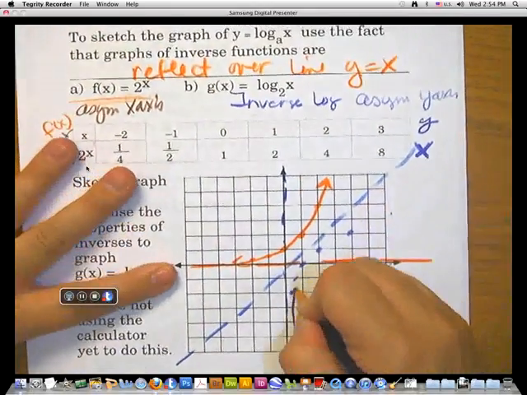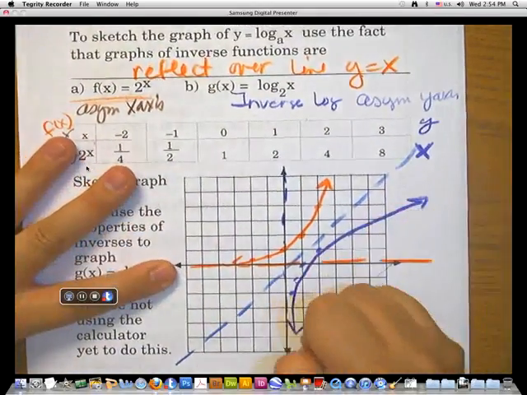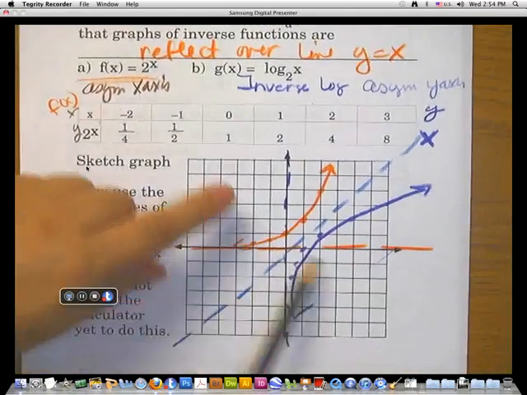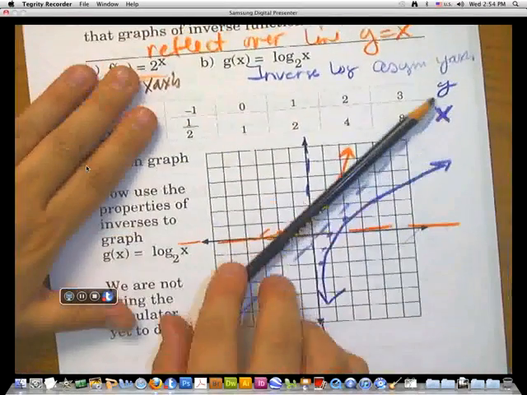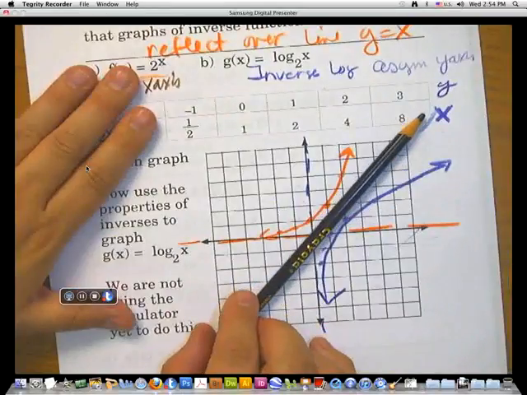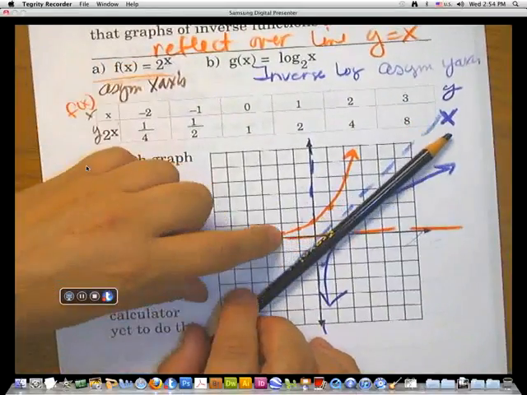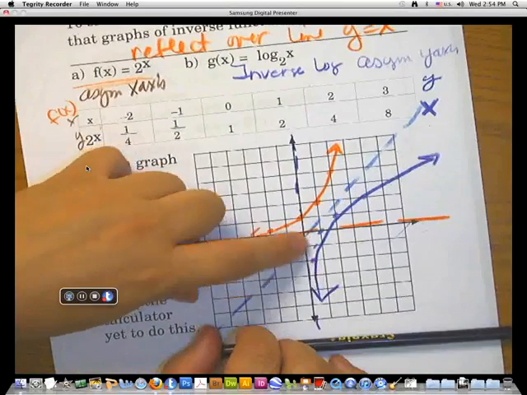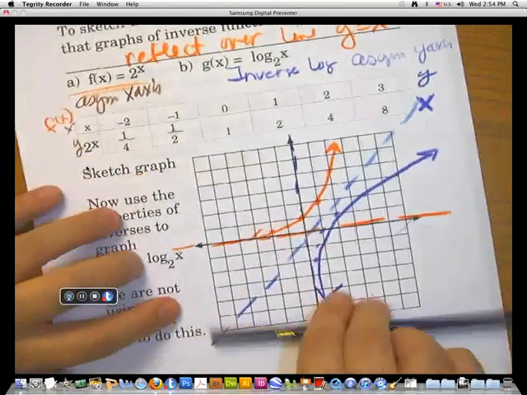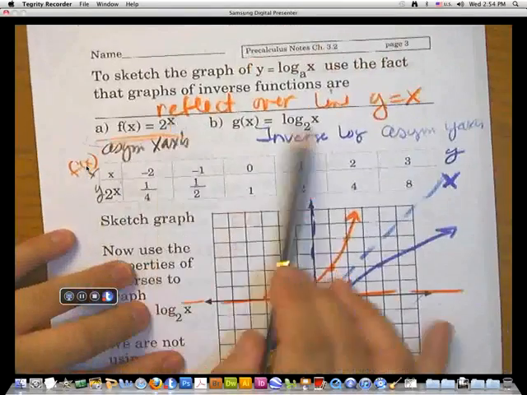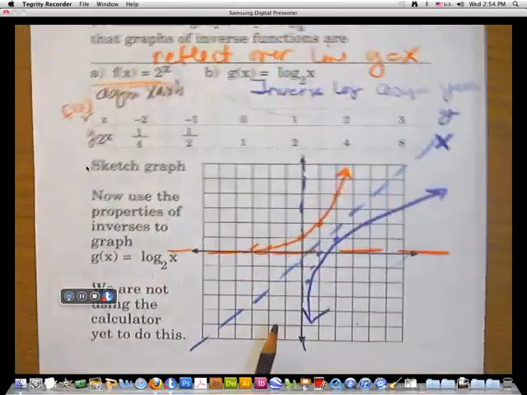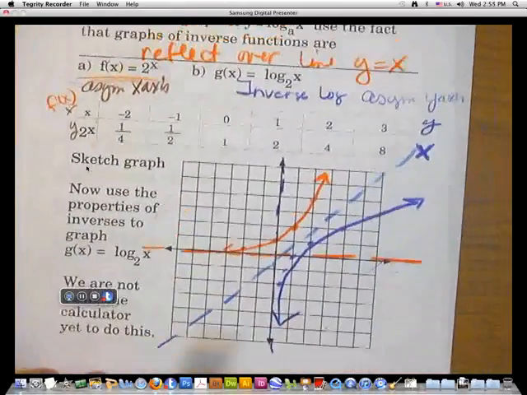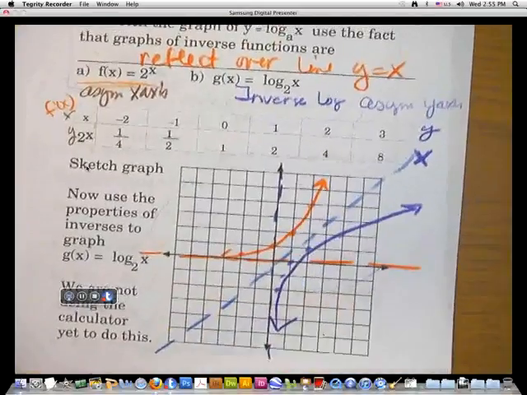So what's happening here is that they are reflections of each other over y equals x. And every x value here became a y value, and every y value became the x value. That's what it means for these to be inverses of each other. We're not using the calculator at this point. You need to understand what this is by hand.